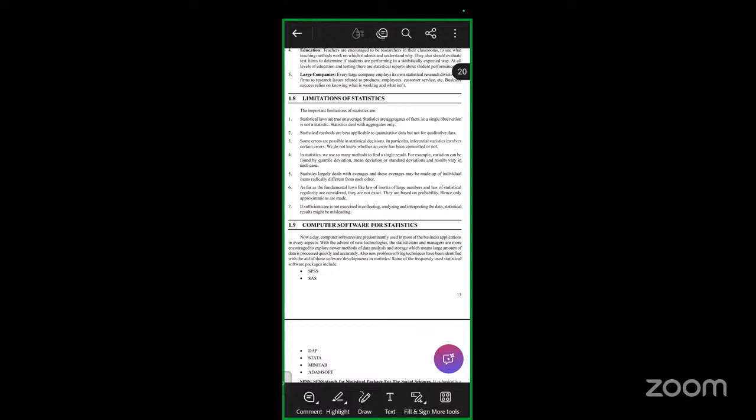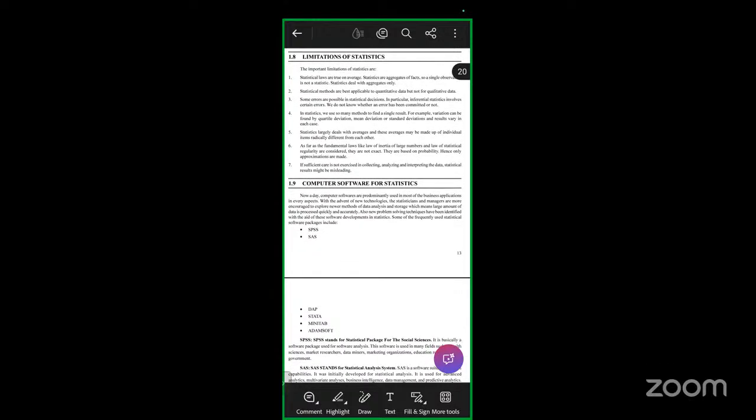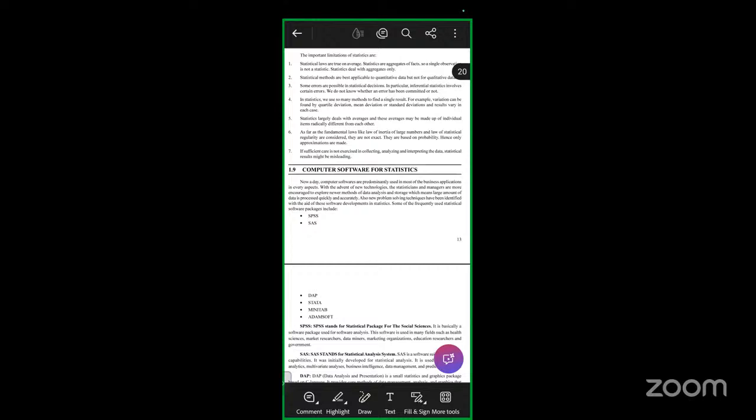For example, variation can be found using quartile deviation, mean deviation, and standard deviation, and the result varies in each case. Statistics largely deals with averages, and these averages may be made up of individual items radically different from each other.